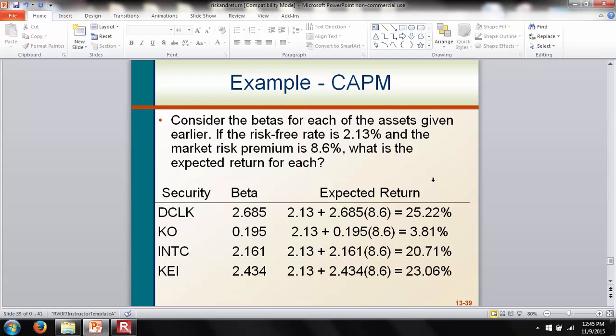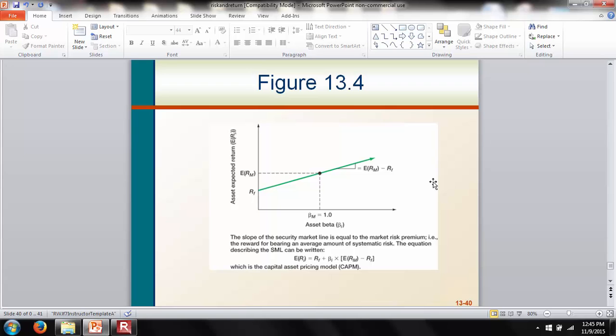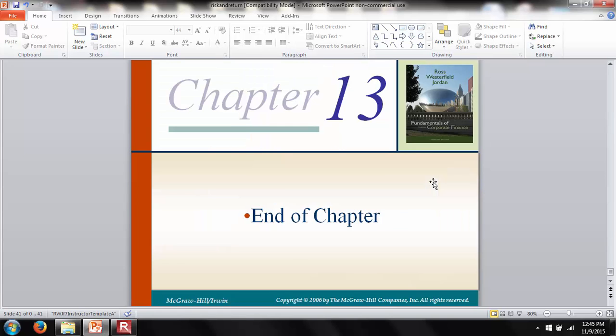For INTC, we should be making 20.71, and for KEI, which has a beta of 2.434, again we should get the risk-free rate plus the beta times the market risk premium. That should be 23.06. Okay, so this gives you the security market line again, and the beta of the market is equal to 1.